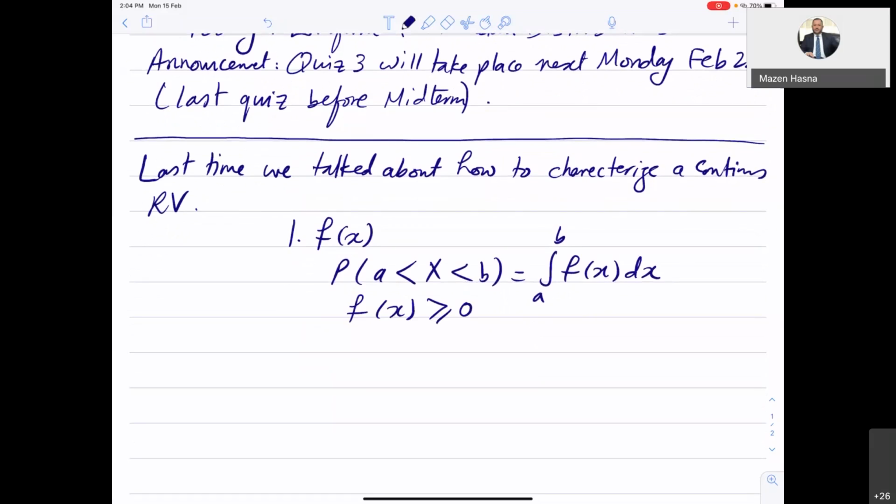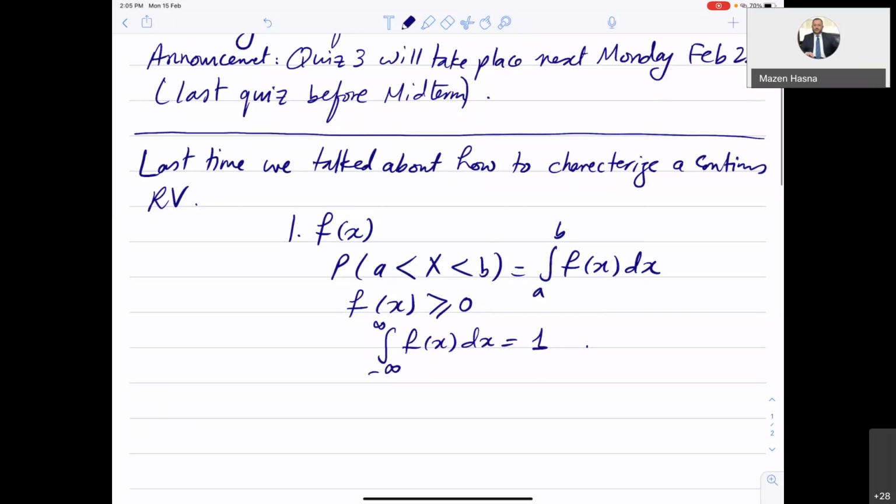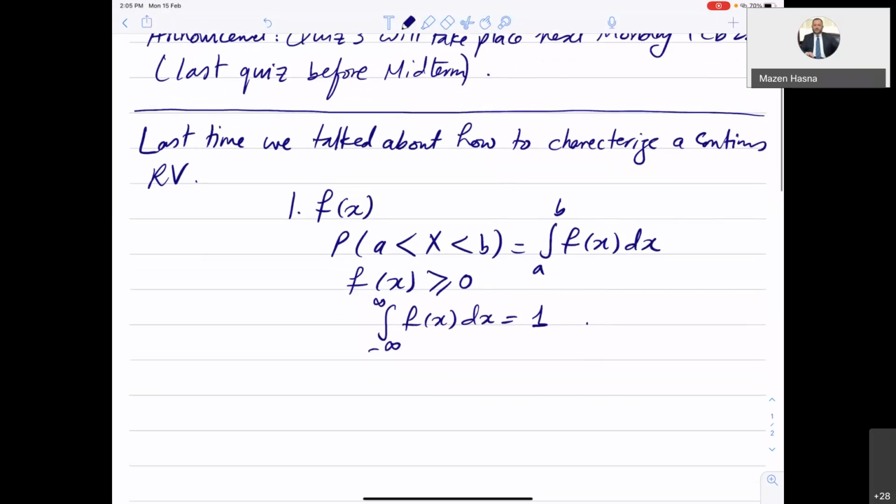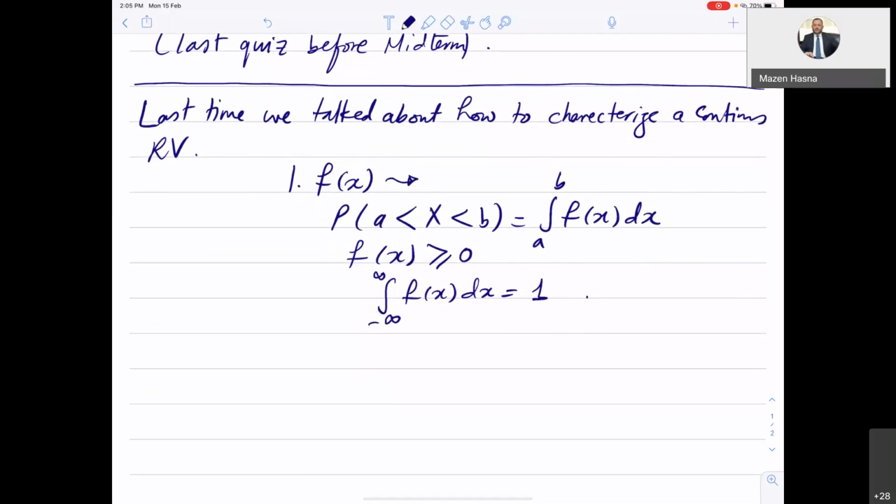What matters is the area under the curve. So the way to check whether we have a valid f of x or not is just to check the area under the curve of f of x, whether it's 1 or not. So this is the first way to characterize the random variable, and this is what we call PDF, or probability density function.